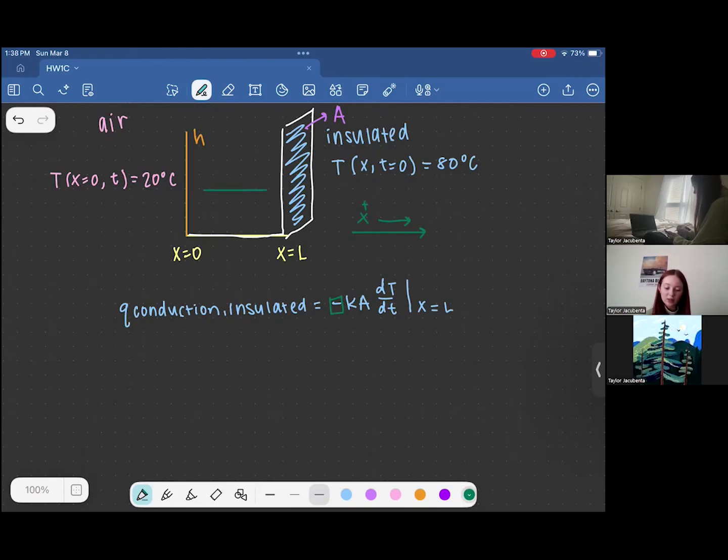So that will keep being a negative sign. We can say that our net accumulation is equal to 0 because there is no change in energy. So we can set the Q conduction of our insulated surface equation evaluated at x equals L to 0.